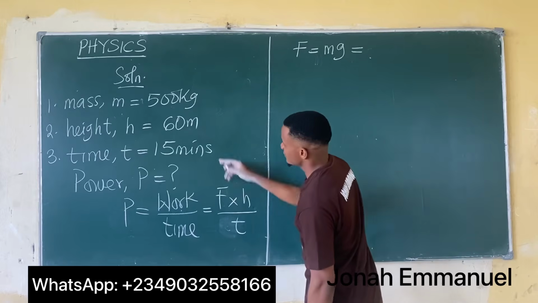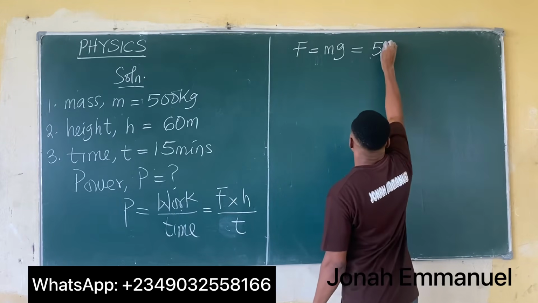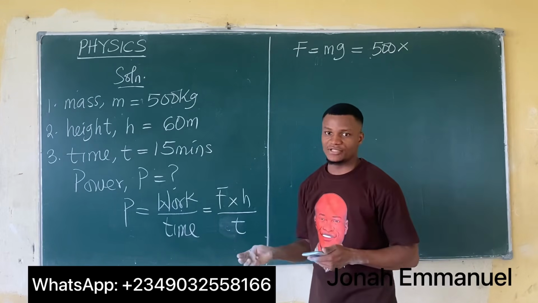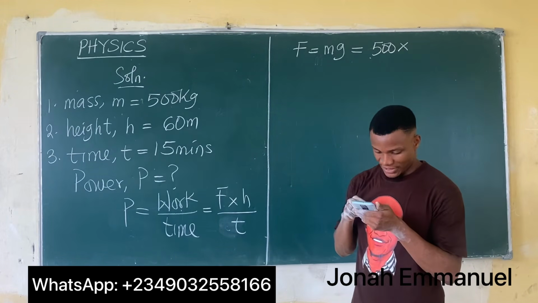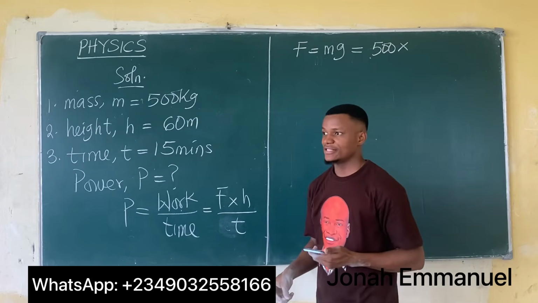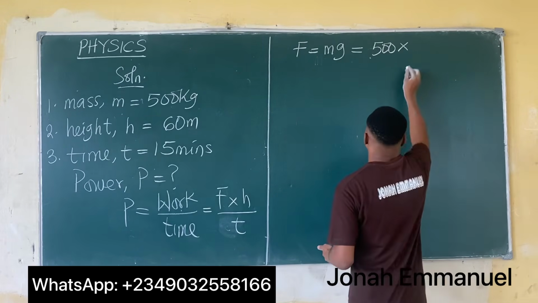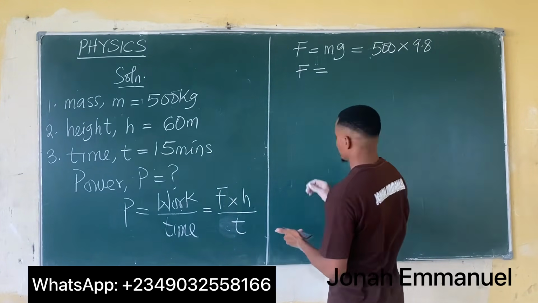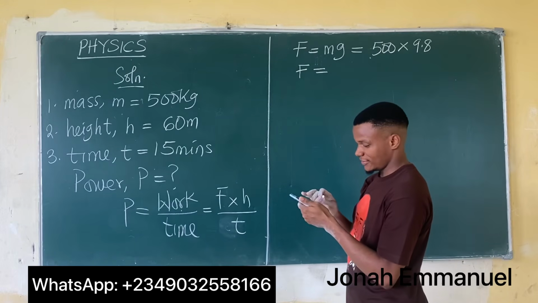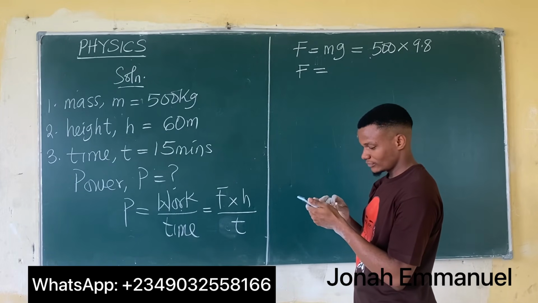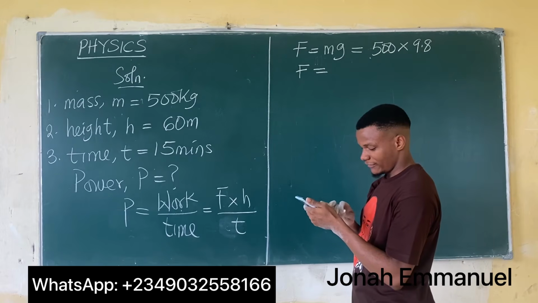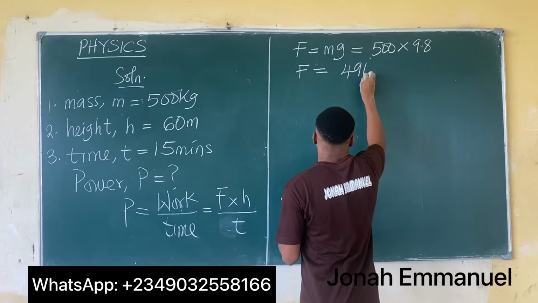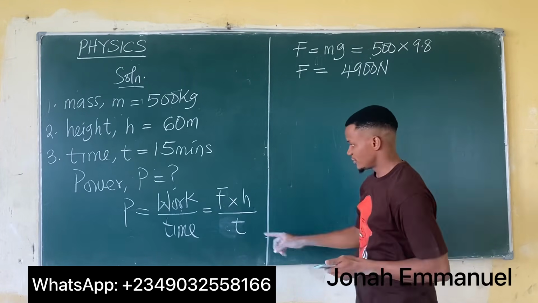That's 500 times gravity. In this question, none was indicated, so I'm choosing to use 9.8 as gravity. So force F is equal to 500 times 9.8, about 4,900 Newton.